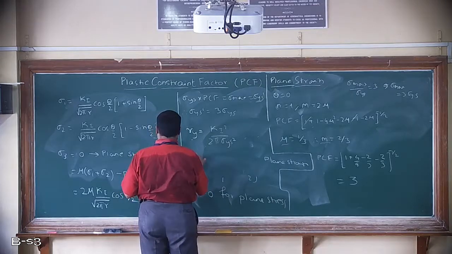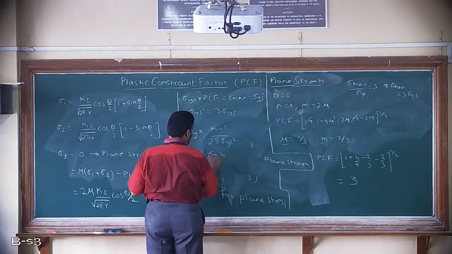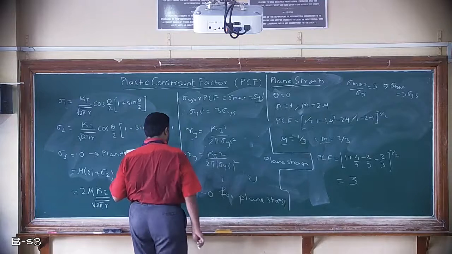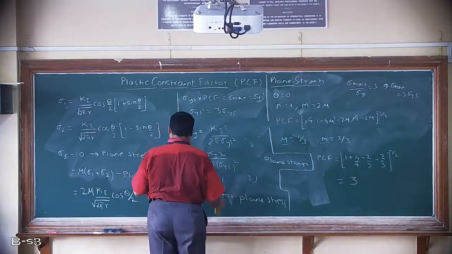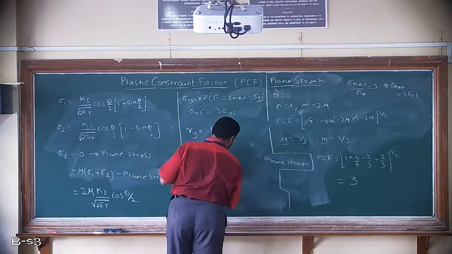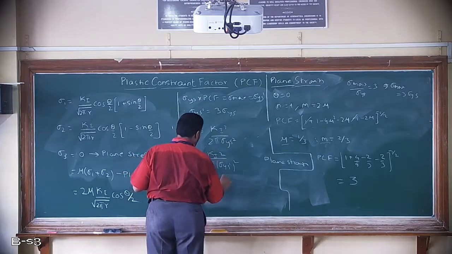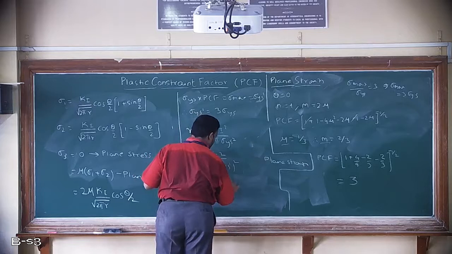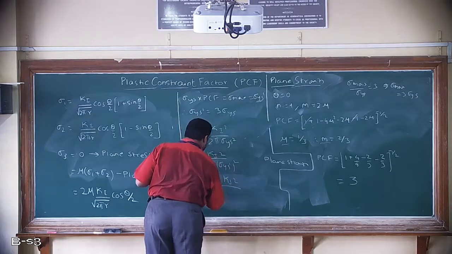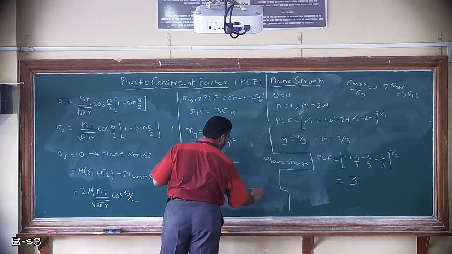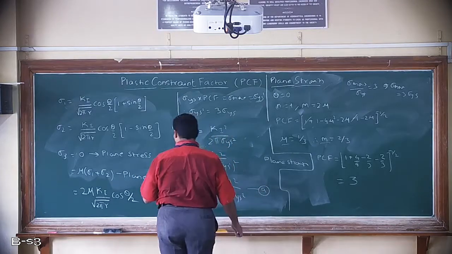Let Ry be equal to Ki square upon 2 pi sigma ys dash the whole square. Upon simplifying this we get Ry equal to Ki square upon 18 pi sigma ys the whole square, and let us take this as equation number A.